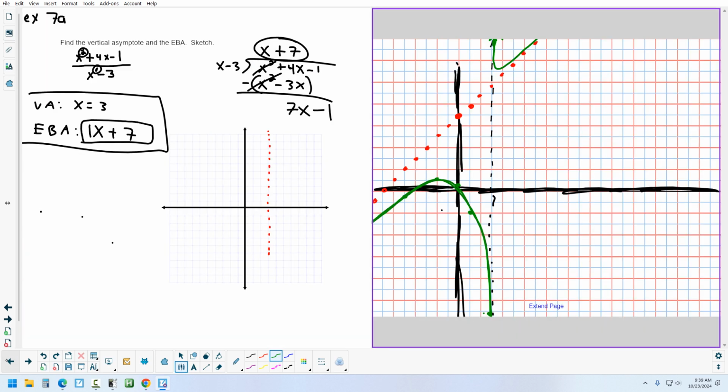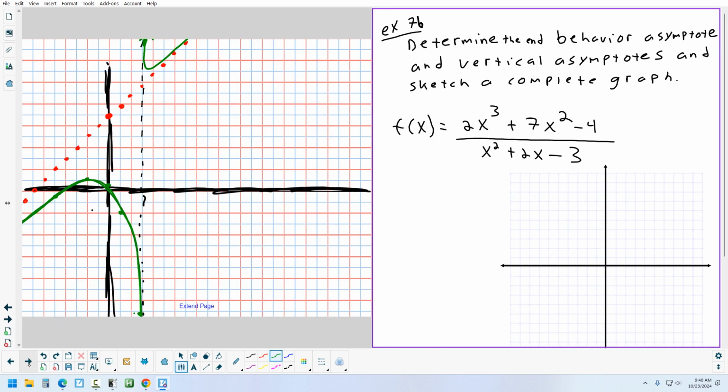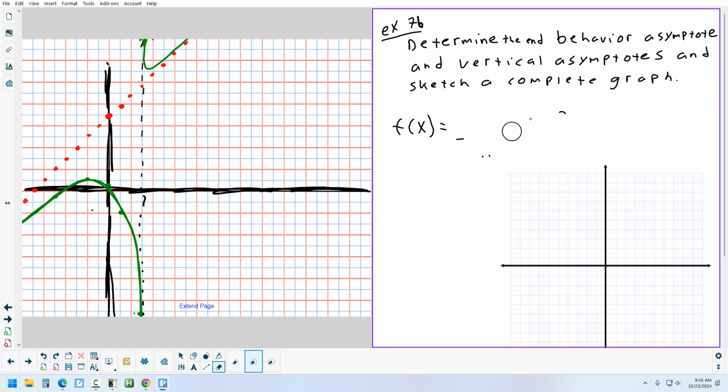Let me just see if it's different. x squared minus 3x minus 7. Yep. All right, so let's change this a little bit. Okay, again, before we do it, I don't know how big of a piece of graph paper we're going to need, so I'm going to hope this one works out a little better.